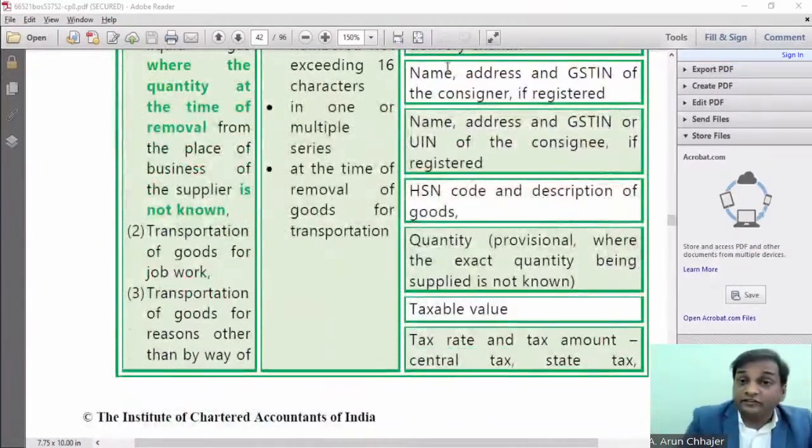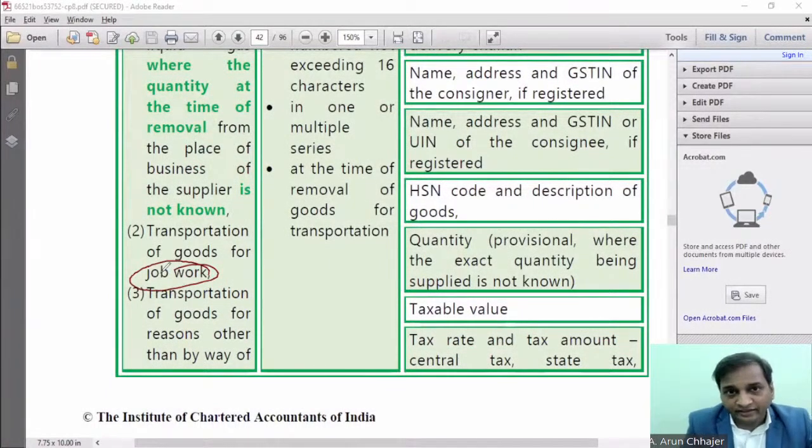Second, if you are transporting the goods to the job worker, when I am making the goods available to the job worker, then it is not a supply, it is not a sale. I can move the goods under the cover of the delivery challan to the job worker. Third, transporting the goods for reasons other than by way of supply.